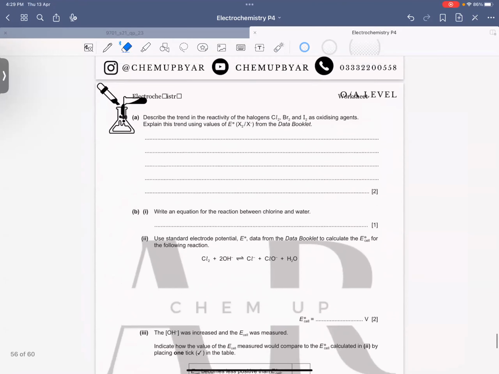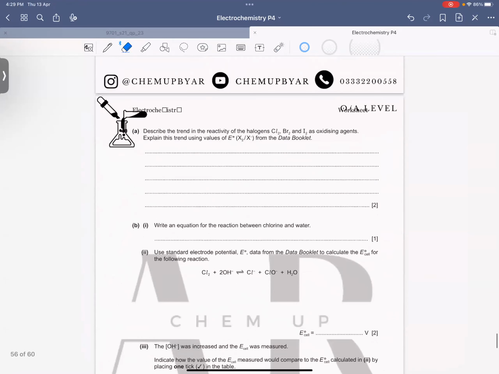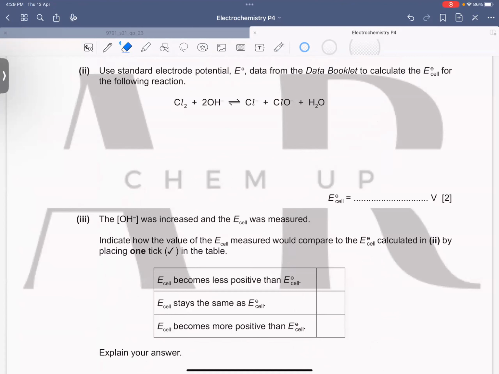Okay, this is the interesting question. Use the standard electrode potential from the data booklet to calculate the E0 cell for the following reaction. Okay, so it's not in half equation, it's a complete equation.